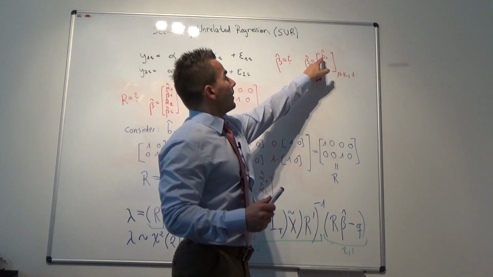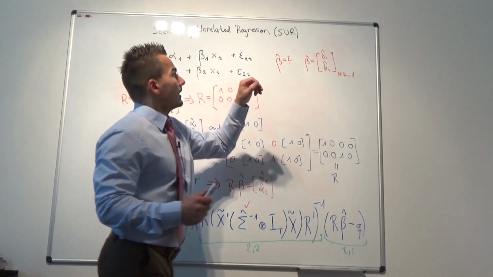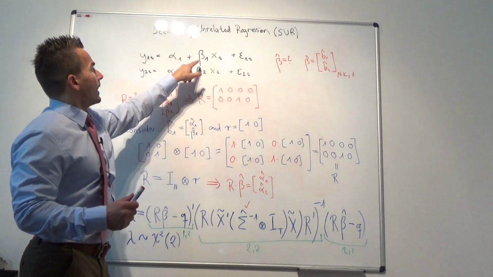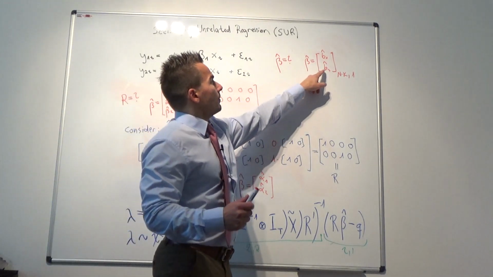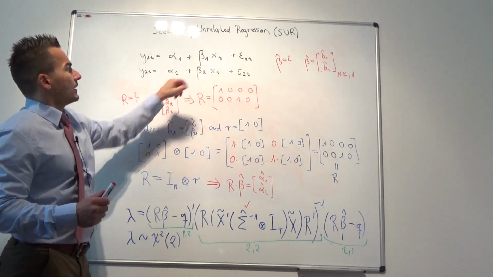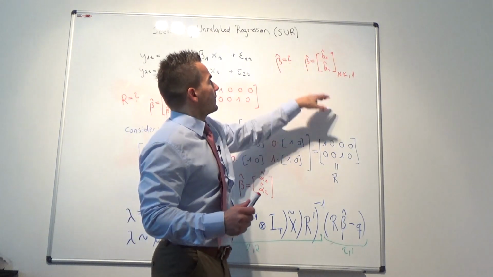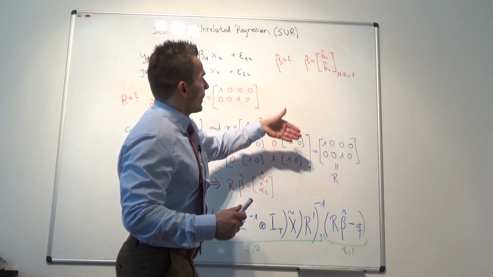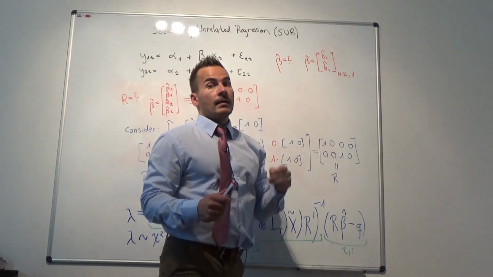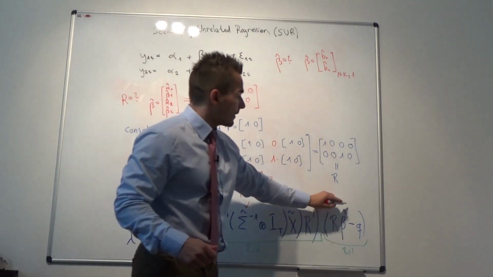We know from the previous derivation that B1 hat contains the parameter estimates for alpha 1 hat and beta 1 hat, and B2 hat the corresponding point estimates for alpha 2 hat and beta 2 hat. So our beta hat is basically just a 4 by 1 vector that stacks these elements here, equation for equation, into a capital N times capital K by one vector. Very simple. So now we know also what this guy here is.